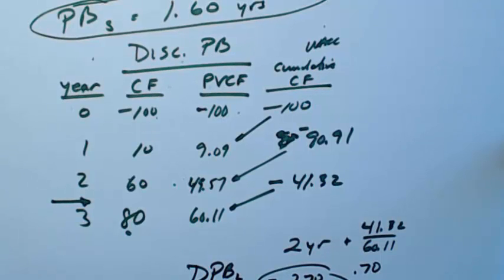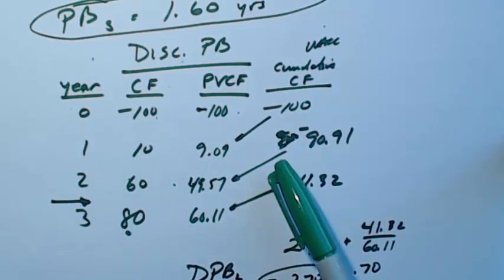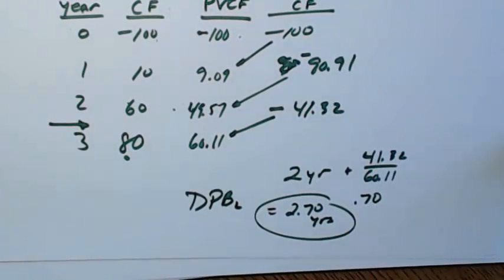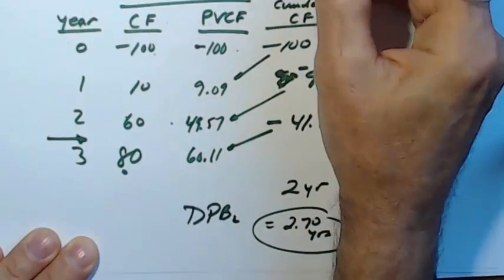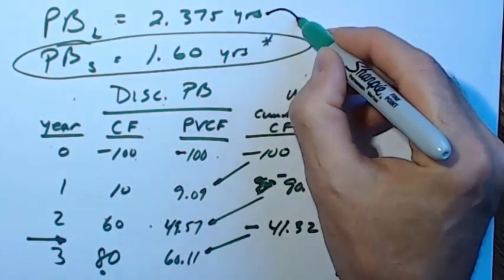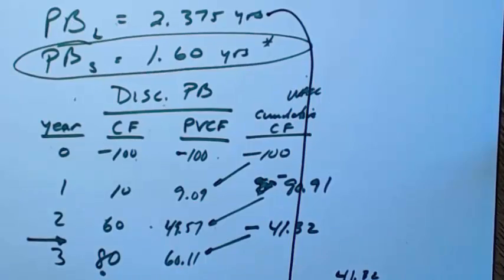You can do the calculation for S, but we know that S will pay itself back faster, even on the discounted payback period. But notice what happens with discounted payback. It takes a little longer to pay ourselves back because we had to discount all those positive cash flows. It pushes things back. So the regular payback period was 2.375 years, and it's now 2.7.